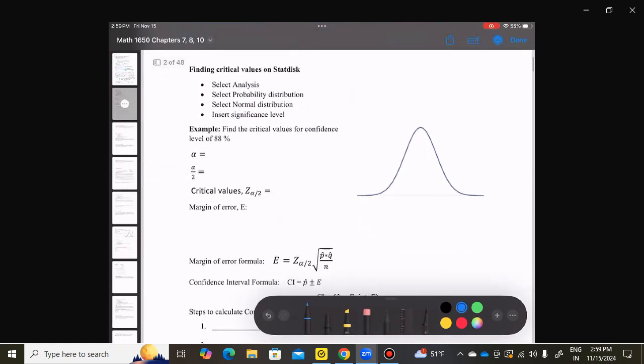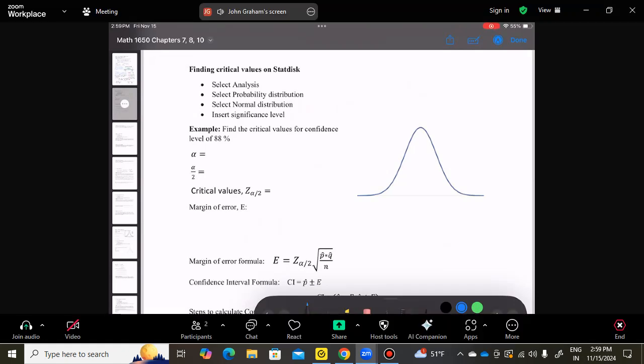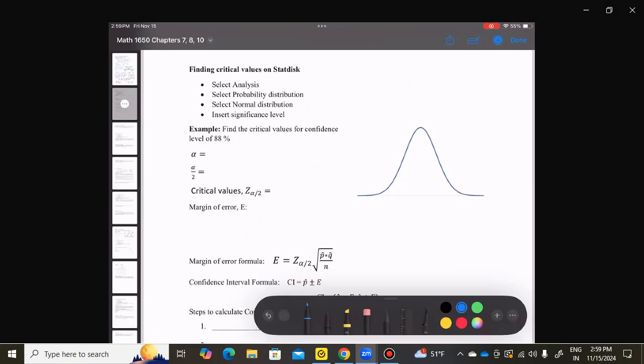All right, so let's say we want to find the critical value for a confidence level of 88%. Well, alpha is 12% or 0.12. That means alpha over 2 is 0.06. And so your critical values, I'll do this on the graph, this is 88%, this is at 6%, this is at 6%, so we're at 0.06 and 0.94.